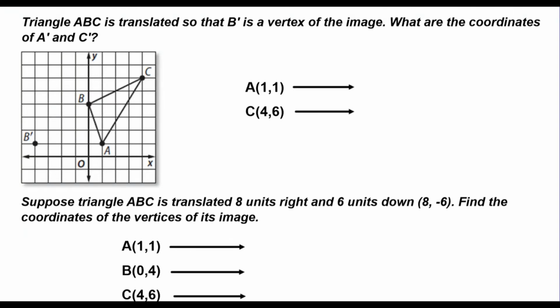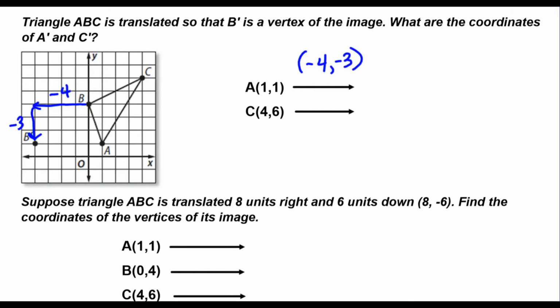Well, this was a diagonal move, so it's a combination of moving left and moving down. How far left did B move? It moved 4 units to the left, so we're taking 4 away from the x value, and it moved 3 units down, so that's taking away 3 from the y value. So we would describe that as a translation of 4 to the left, 3 down.